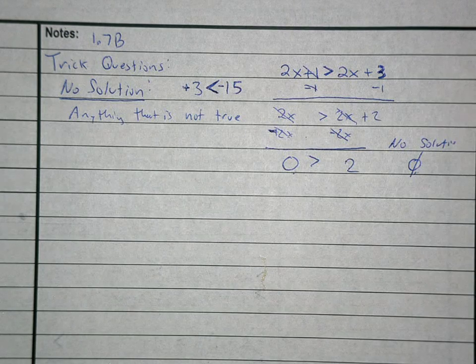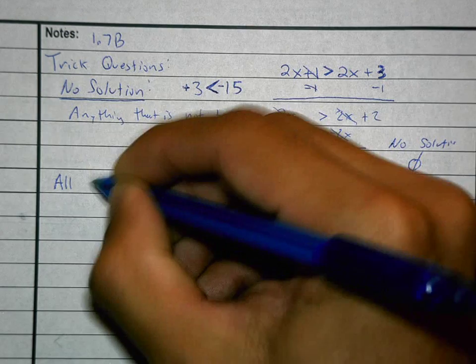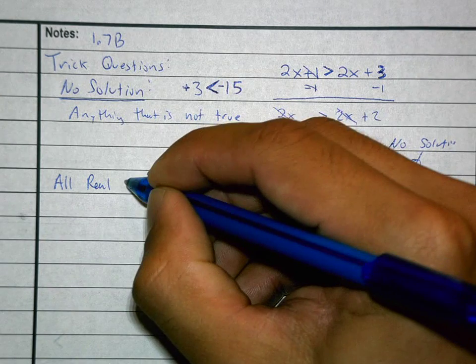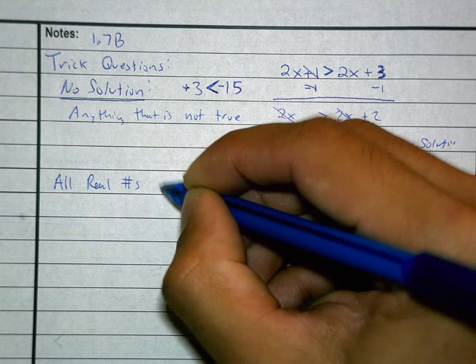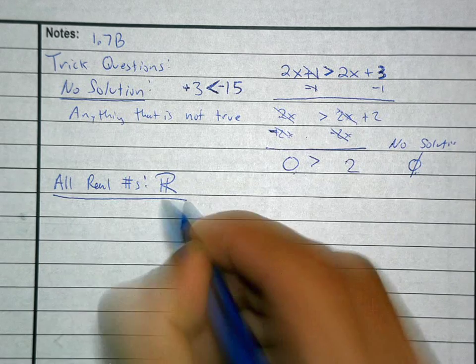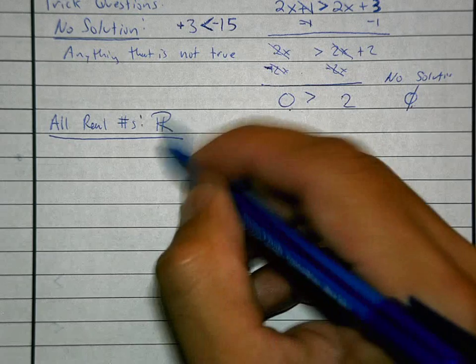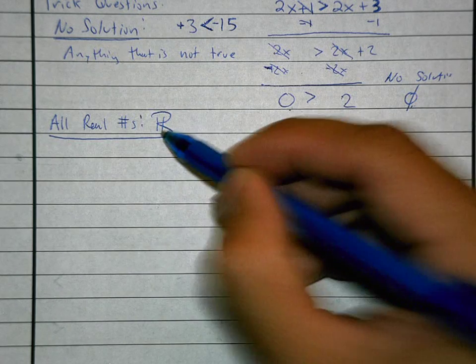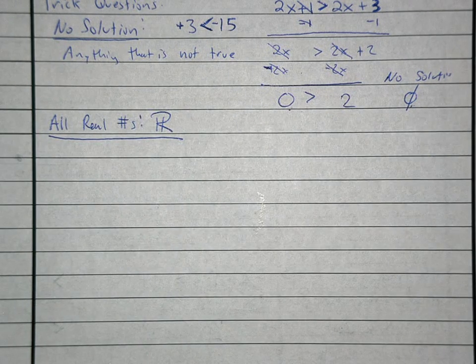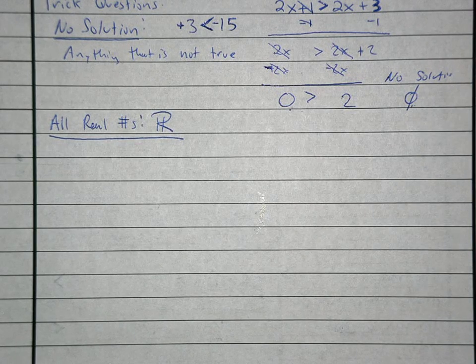There's a second possibility called all real numbers. And there's a symbol for it. It looks like this. All real numbers. And it has this R. It's a capital R with an extra line through it. It means that you can plug in any real number, 2, 3, 4, 5, 6, 7, and it will work.